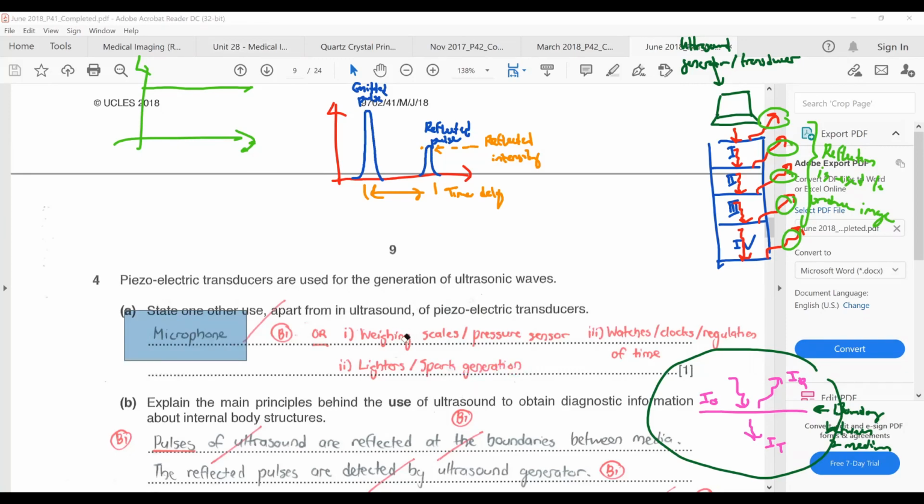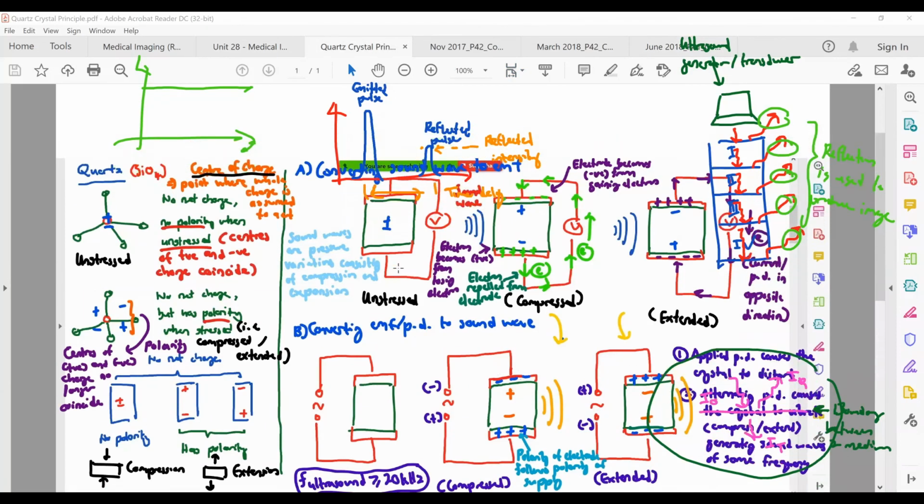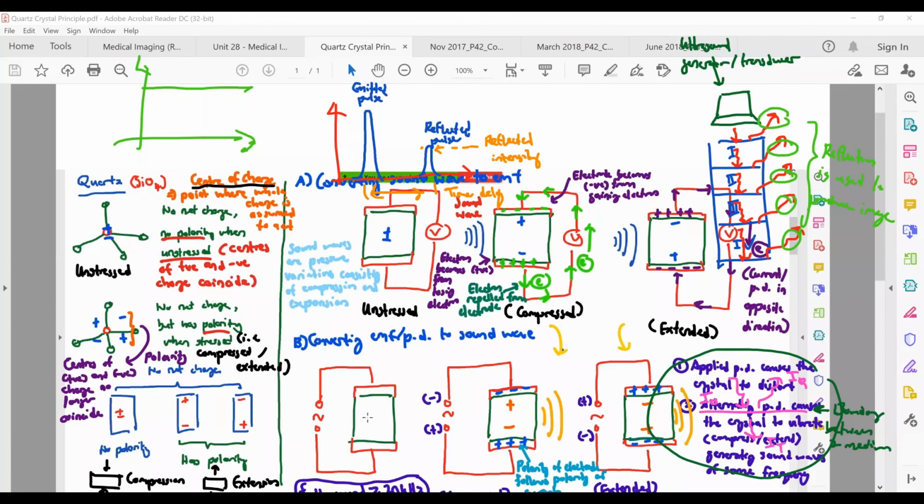Just now I explained to you that your piezoelectric transducer can be used for two different things. Either you want to convert PD or voltage to sound waves, or you want to convert sound waves to PD or EMF. The part where you convert sound waves to EMF or PD is your microphone.